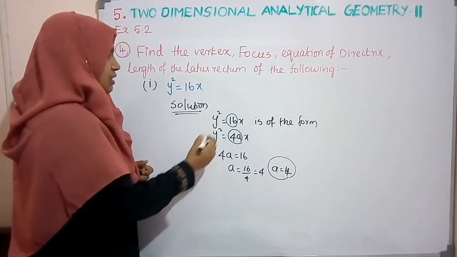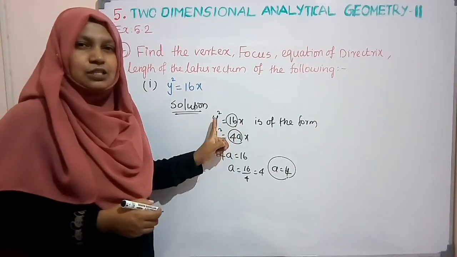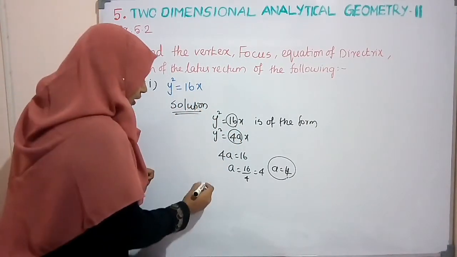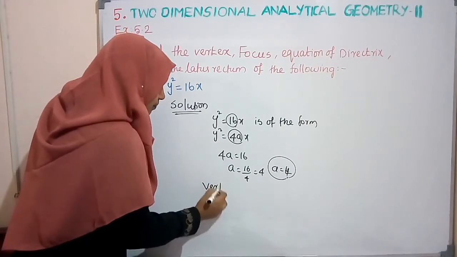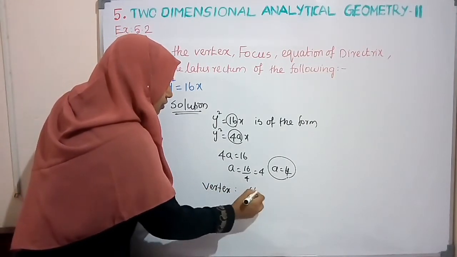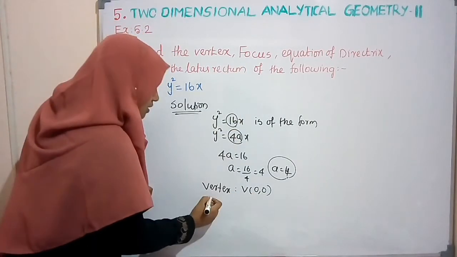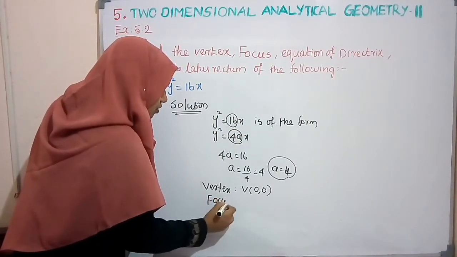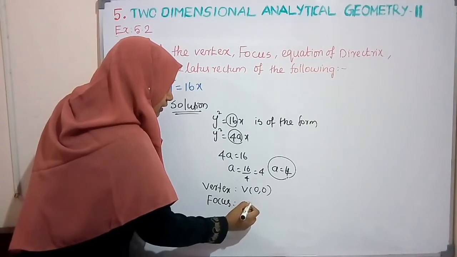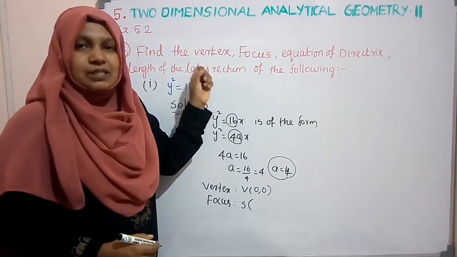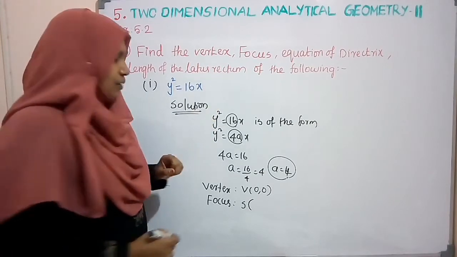So what is a vertex? See, in this equation there is no h and k, only y square and only x. So we can write vertex 0 comma 0, the point V, and focus. The parabola is open rightwards means the focus is a comma 0.